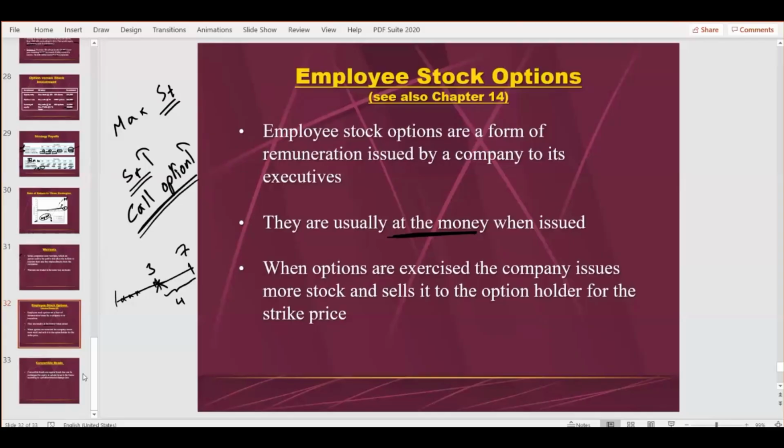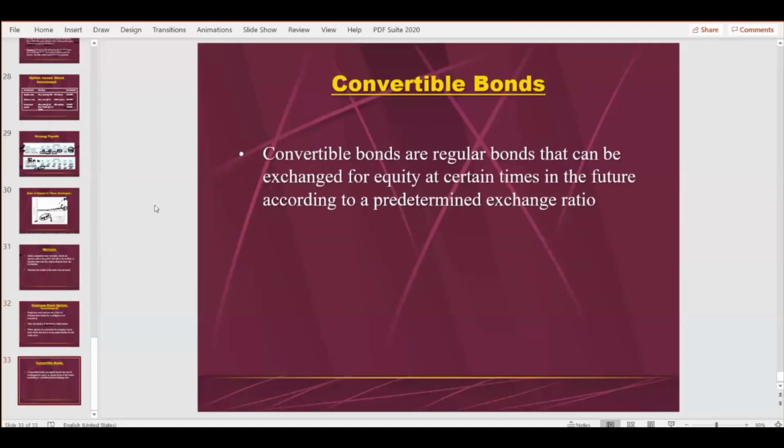So now when options are exercised, the company issues more shares and sells them to the option holder for the strike price. The final example is related to convertible bonds.